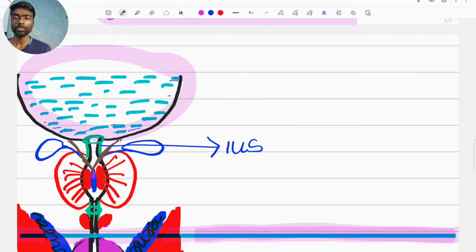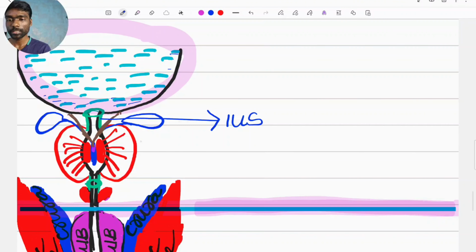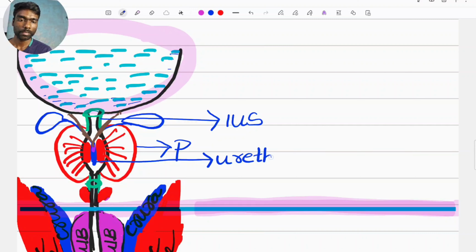Then coming to the prostatic urethra. Here this orange colored one is the prostate. Here the posterior wall of the urethra has a midline structure, which I have drawn in blue color. This is nothing but the urethral crest. On either side of the crest, depressions are nothing but the prostatic sinus.